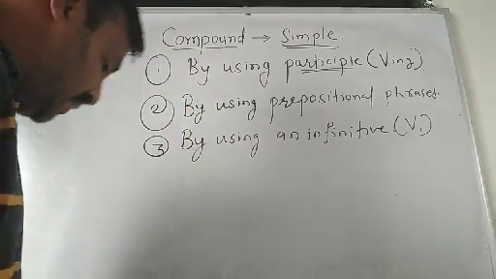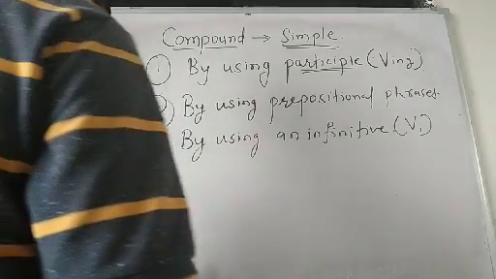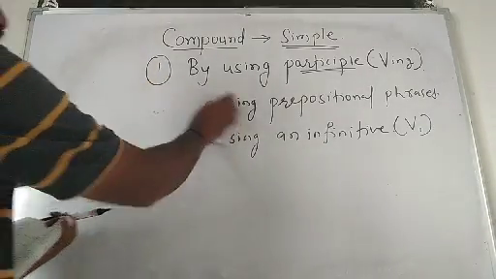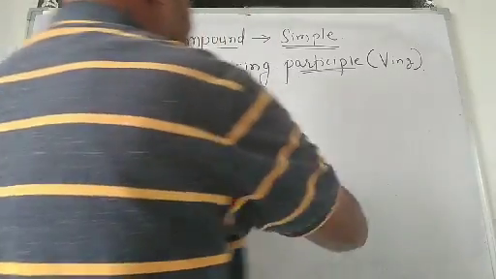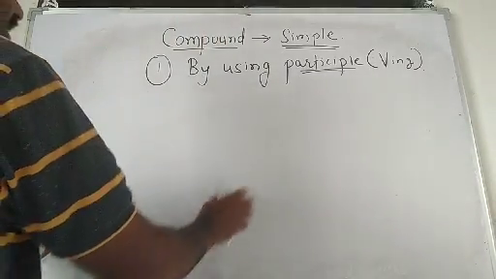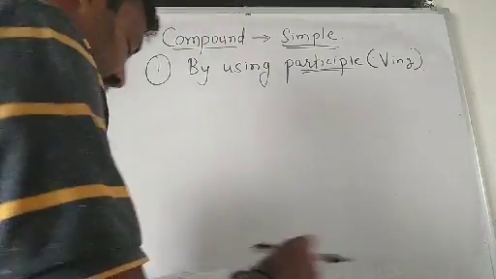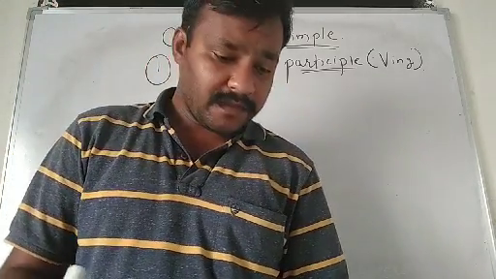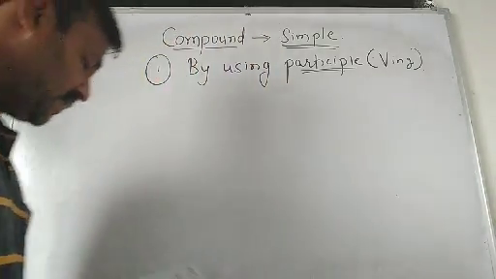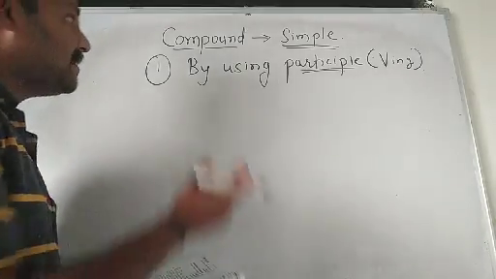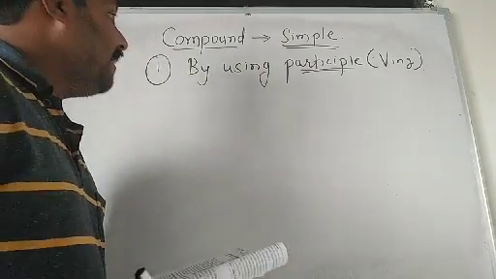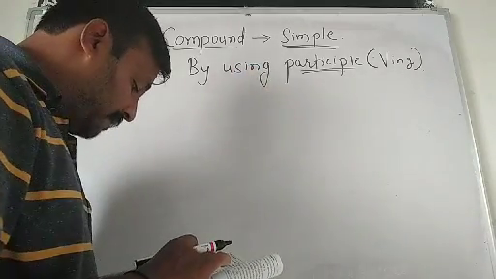First we will discuss how to use these participle forms for changing compound sentences into simple sentences. Friends, you can write it down. I will give you some tricks and ideas to change a compound sentence into a simple sentence by using participle forms.